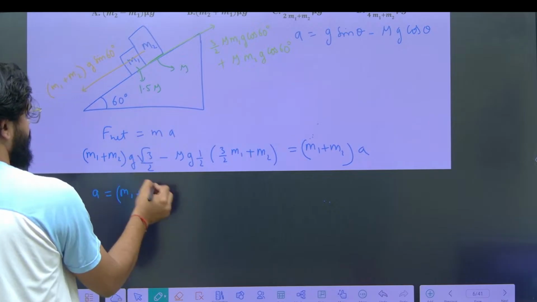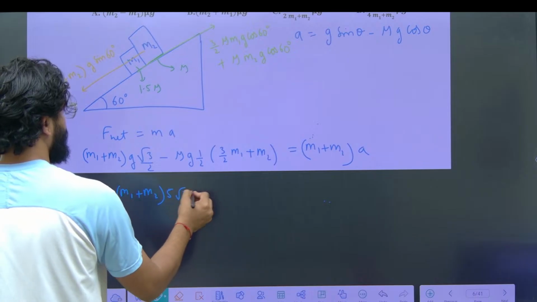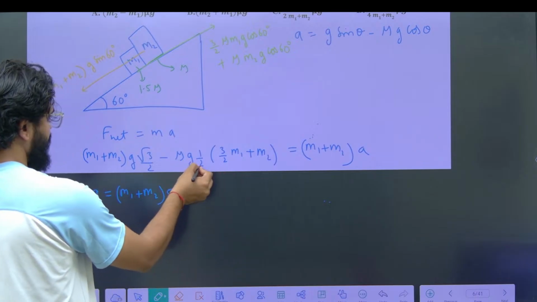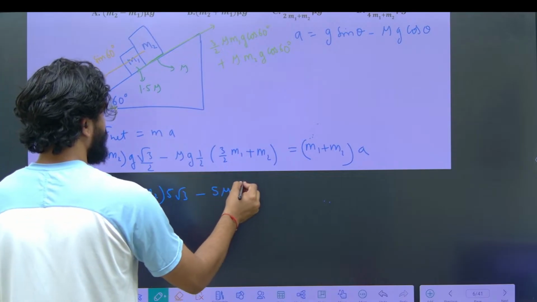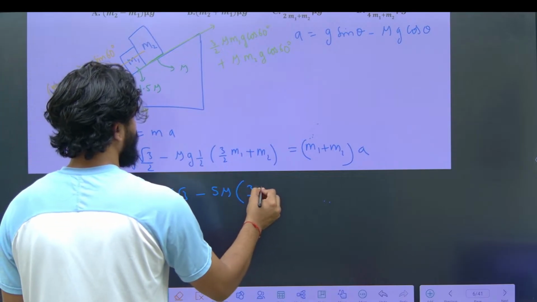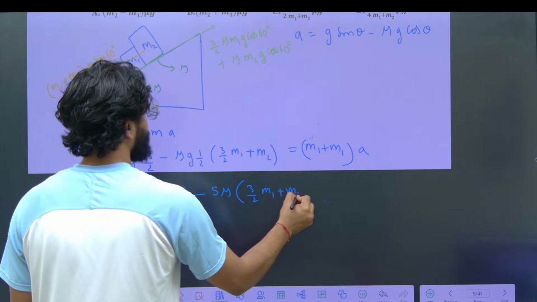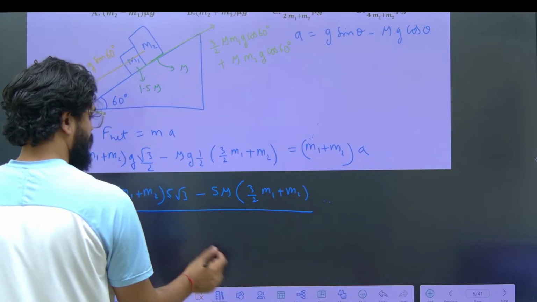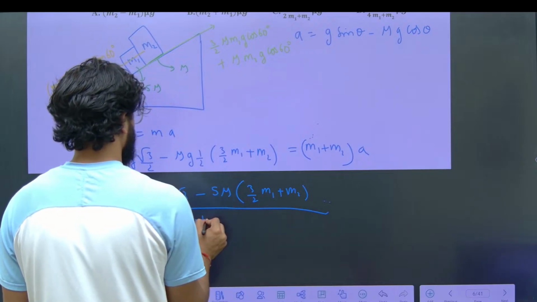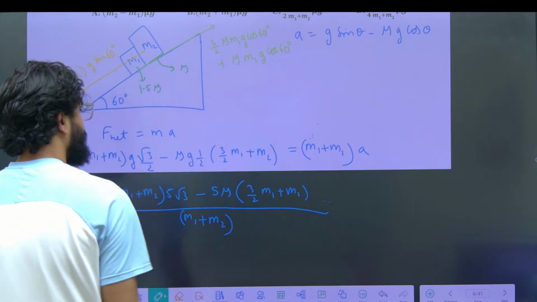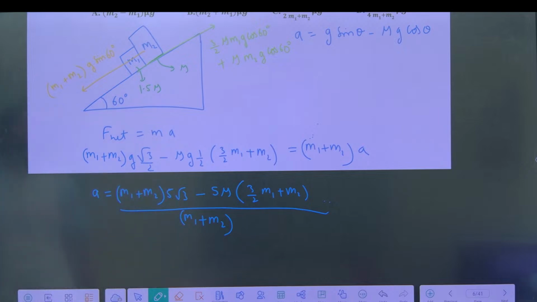So g and this will get cancelled out, right? At least few things are cancelling. 10 and 2, that is 5. So 5 mu, 3/2 m1 plus m2, upon m1 plus m2, correct? Yes, chaliye.